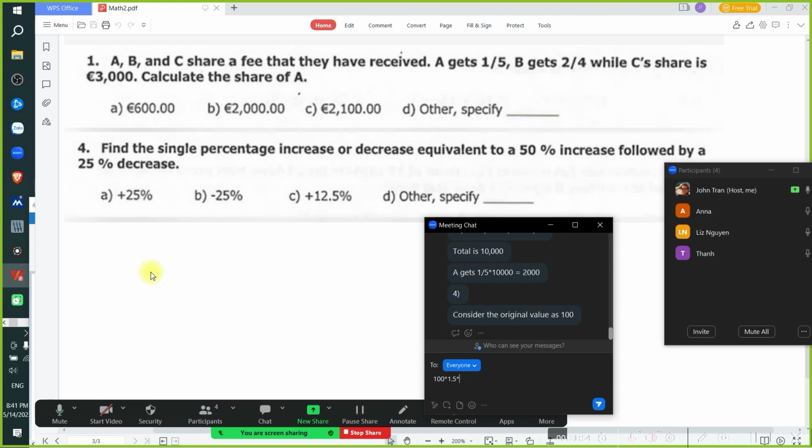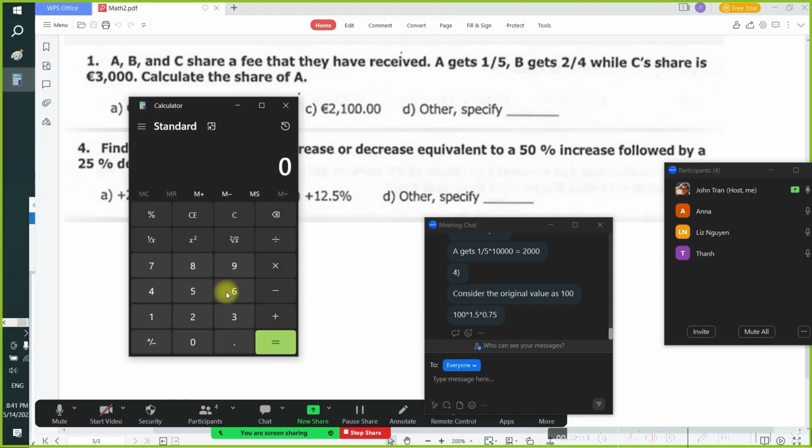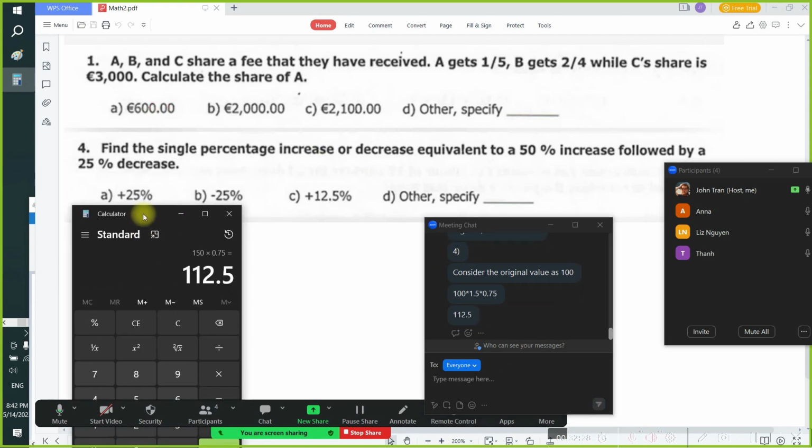Then decreased by 25%, so it's 0.75 of that one. So where's my calculator? Increase by 50% and then followed by a 25% decrease, so it's going to be 112.5.